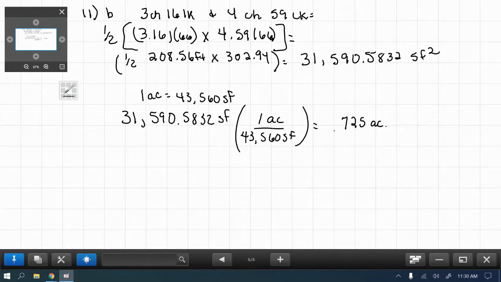What I did is I just took my triangle, I'm gonna sketch it real quick. So this was 6.